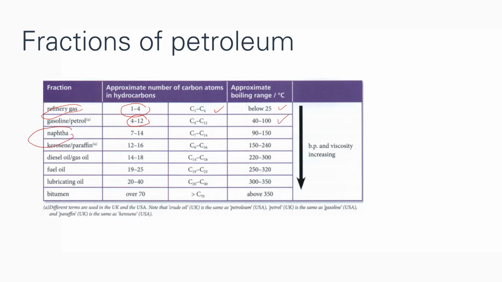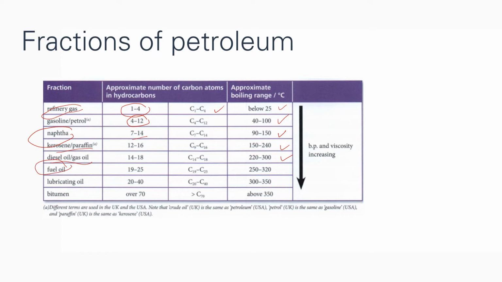We get naphtha, with 7 to 14 carbon atoms and a boiling point of 90 to 150. Kerosene or paraffin has 12 to 16, with a boiling point of 150 to 240. Diesel oil or gas oil has 14 to 18, with a boiling point of 220 to 300.